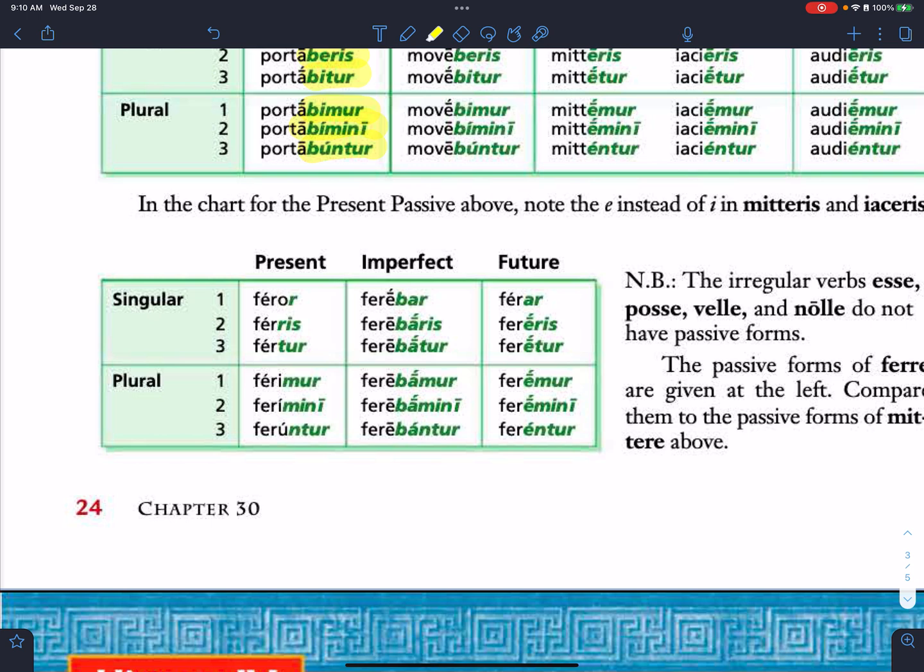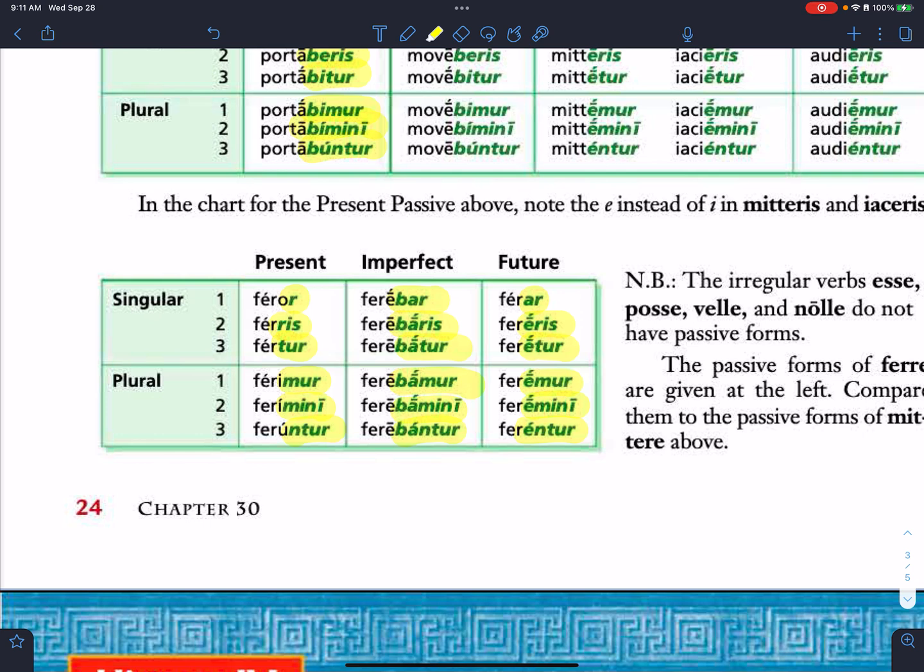Super easy if you notice the passive endings at least are the same. You've got your BA tense marker in the imperfect, and the future is where it's a little weird, but present and imperfect are pretty simple and follow the pattern, even though fero is kind of irregular. Any questions? No?